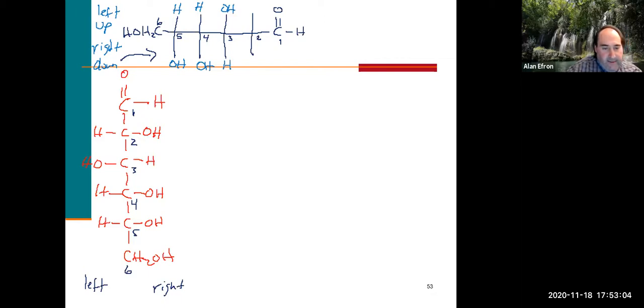And lastly here, number 2, my OH is on the right-hand side, which means it will end up down. So when we drop it on its side, we are going to end up with OH groups and H groups either up or down. And again, that's the easy way to remember it. Right goes down, up goes to the left-hand side. Any questions on that so far?